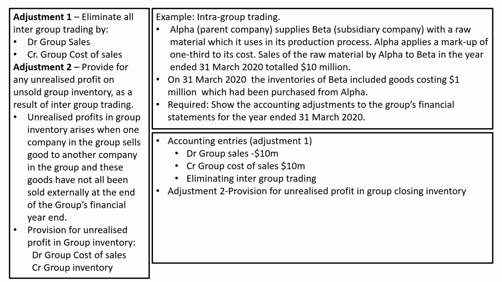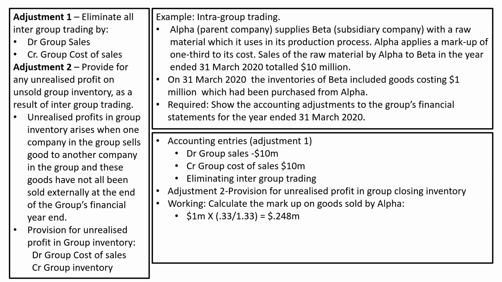The second adjustment is to provide for the provision for unrealized profit in group closing inventory. The first thing that we have to do is to calculate the markup on the goods sold by Alpha. If you look at the question, we were told that on 31st of March 2020, the inventories of Beta include goods costing 1 million, which had been purchased from Alpha.